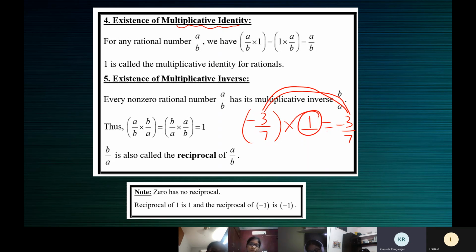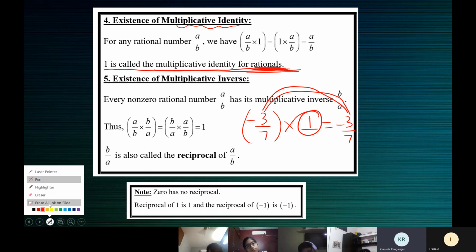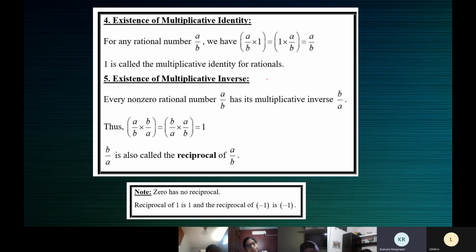So 1 is called the multiplicative identity of rational numbers. For rationals, meaning for rational numbers. 1 is called the multiplicative identity for rational numbers, because if any rational number a by b is multiplied by 1, or 1 is multiplied by any rational number, the answer is the rational number itself.